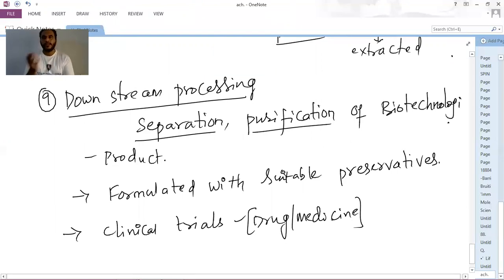Suppose you take the coronavirus vaccine: it is under clinical trials. Animal trials are already completed and human trials are going on. After human trials, if it is safe to consume this particular vaccine, it will be approved and then sent to the market. So this is all about rDNA technology. Thank you.